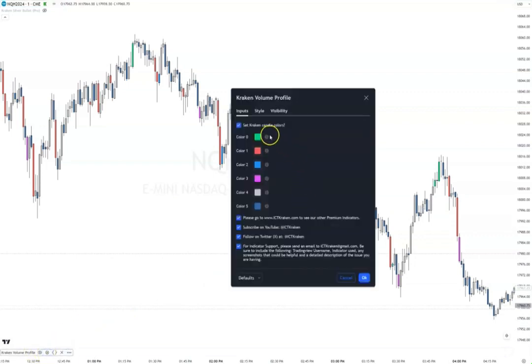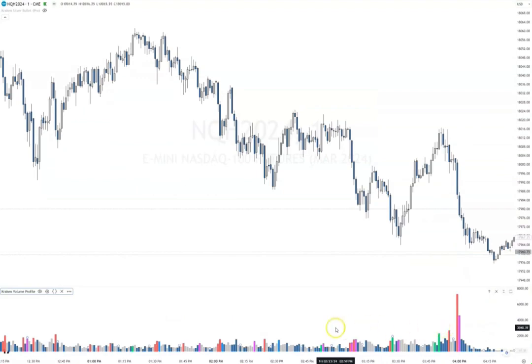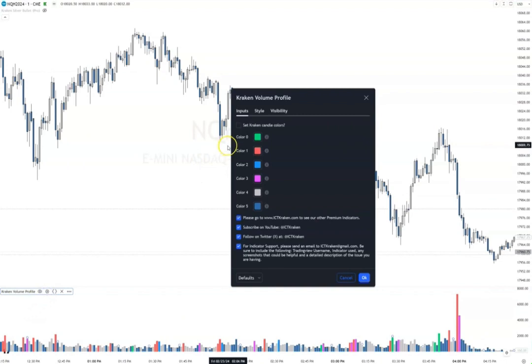So when you come in here, here's the color codes, right? Set the candle colors. If you don't want those here, you can still have the volume over here. If you don't want to have these, you can turn that off. I like to have them on here and actually lowered this, right? So the green candles, you hover over this eye icon, it says green is greater than 200% of the average volume of the previous 10 candles.